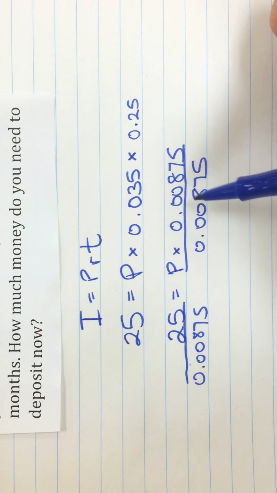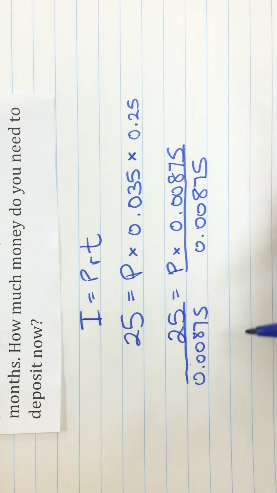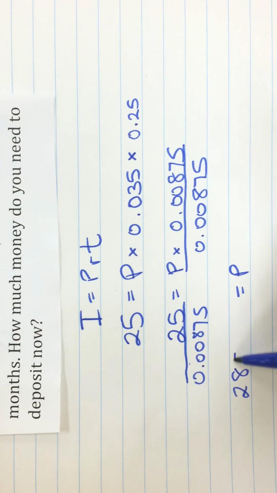These two will cancel or divide out to be 1, so I have 1P on this side. On this side, I get this number, 2857.1428 and so on. That's a dollar amount, $2,857 and some change.